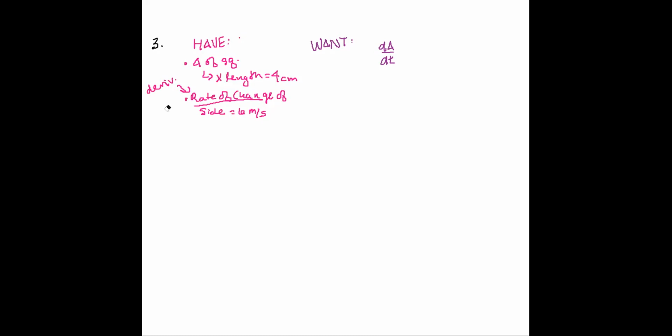But yes, like Hayden was saying, we can set what we want, dA/dt, equal to the side squared times the rate of change of the side. I don't know if that was quite the question. That's a little bit far ahead.